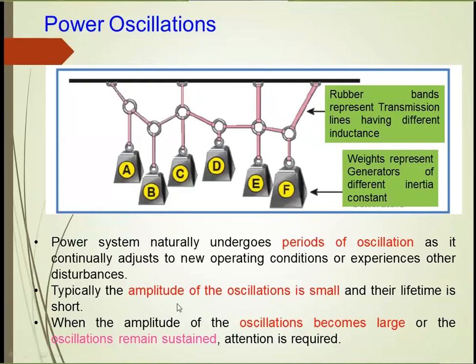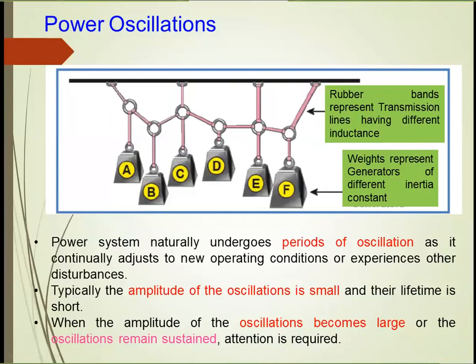But if it is a large disturbance, the amplitude of oscillations will also be large. That is one case. Otherwise, following the disturbance, the oscillations do not settle down, that means they do not decay in a short time frame, and there is a continuous, sustained oscillation after the disturbance.